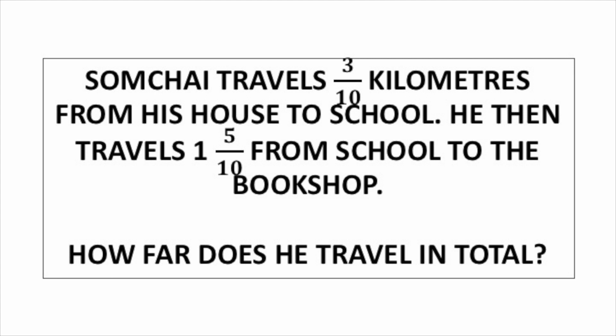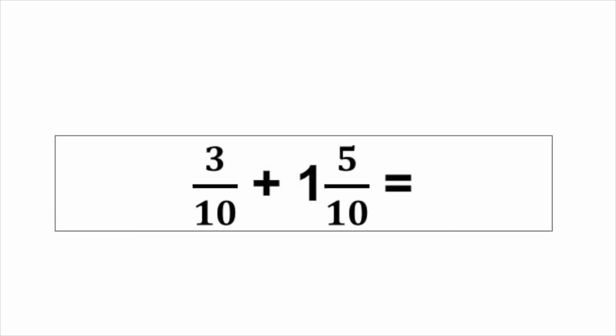So our calculation is 3 over 10 plus 5 over 10. Like this. So there are two fractions for calculation. 3 over 10 plus 1, which is the whole number, and then 5 over 10. So any ideas? 3 over 10 and 5 over 10.